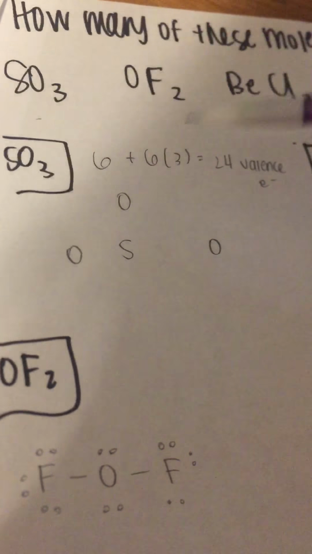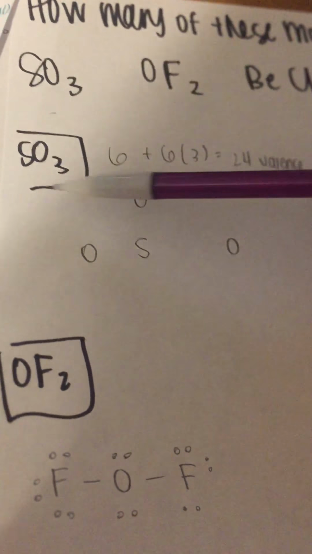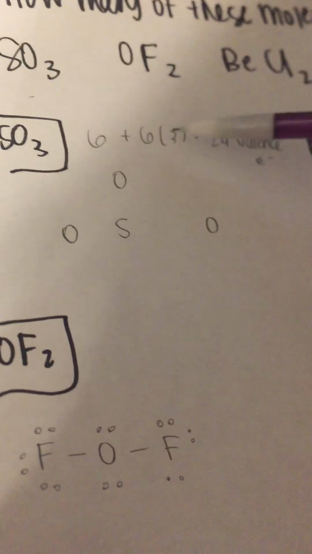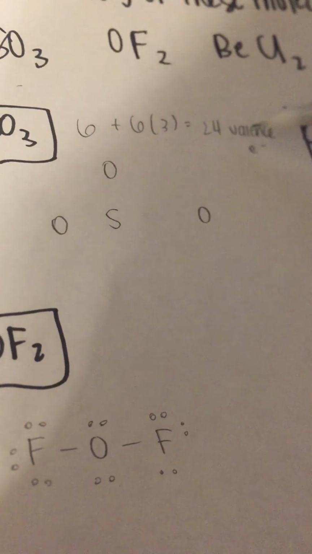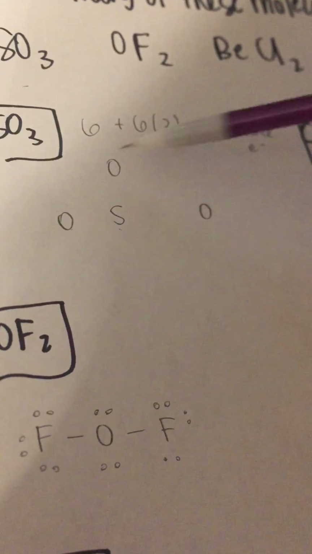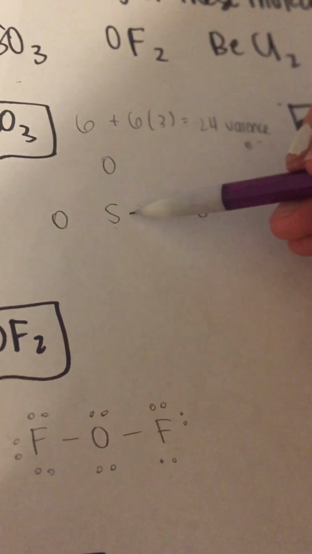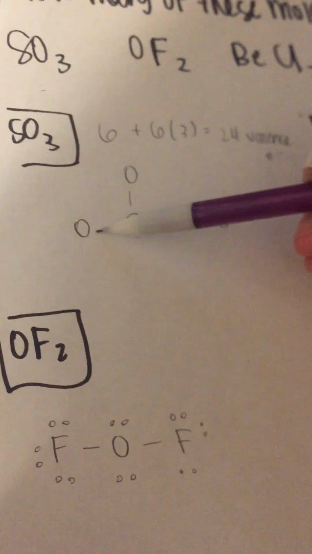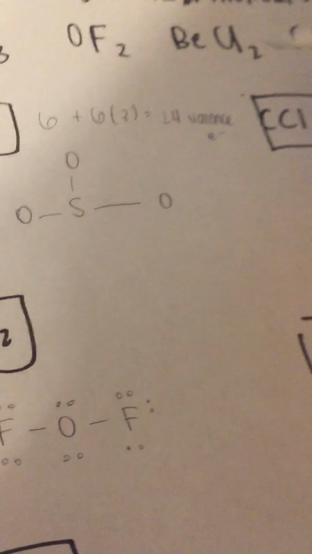To figure that out, we need to know how many valence electrons are in the molecule. Sulfur has 6, as well as oxygen, but there are 3 oxygen atoms, so in total there are 24 valence electrons. You start by drawing each atom, and then connecting the atoms with a line or a bond that represents 2 electrons.